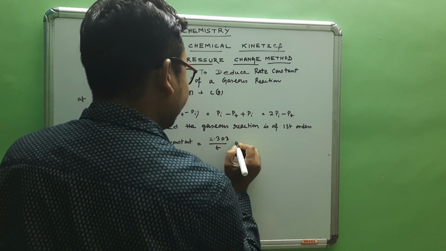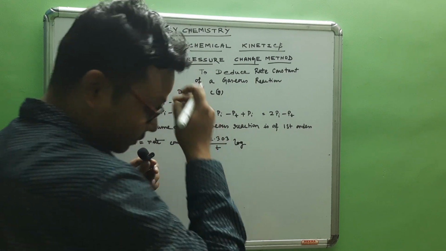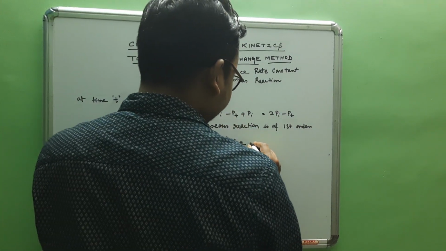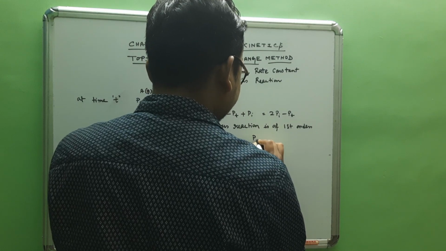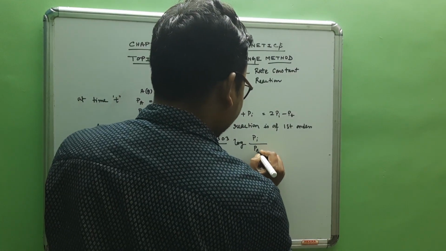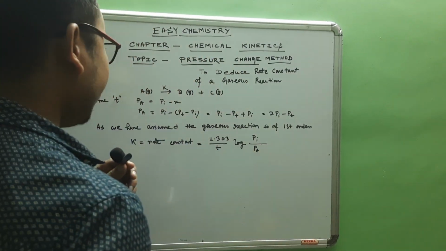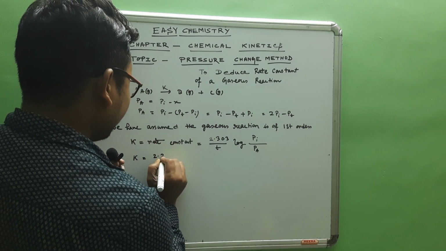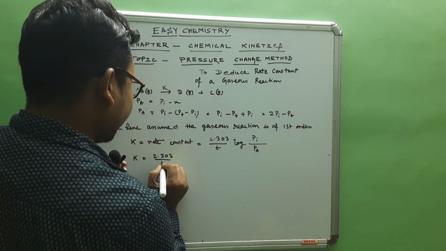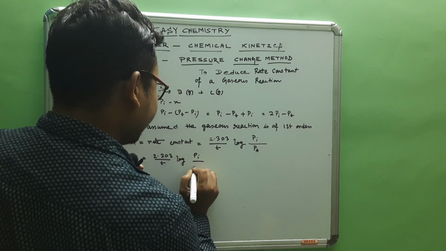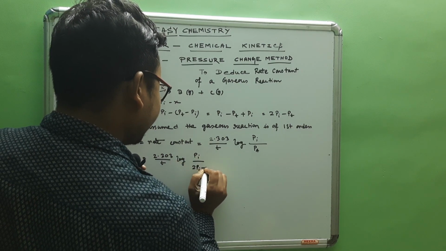The rate constant will be 2.303 by t into log, in numerator the initial pressure of A, and in denominator the partial pressure of A. So K becomes 2.303 by t log, and in place of Pi we can write 2Pi minus Pt.